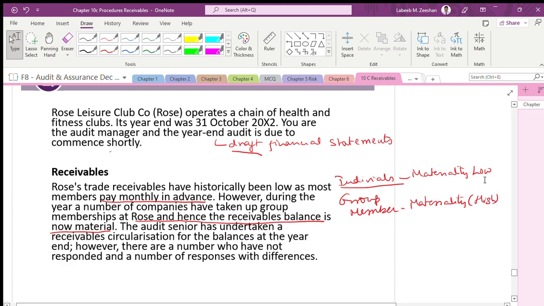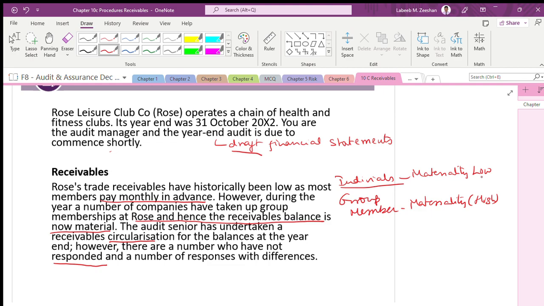The audit senior has undertaken circularization. Circularization is nothing but confirmation of the balances at the year end. However, there are a number of customers who have not responded. Now you got an idea. When receivables are there, receivables talk about aged receivables, non-confirmation, the number of days, provisions, and the losses.